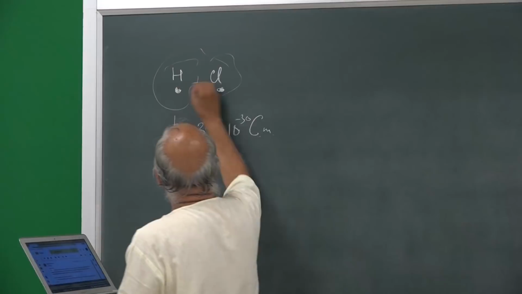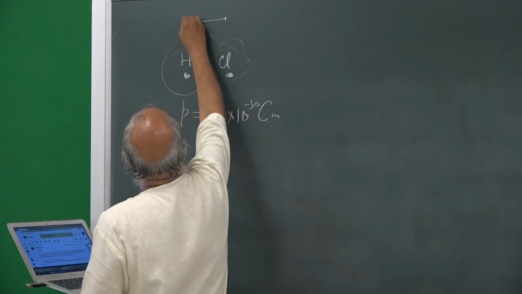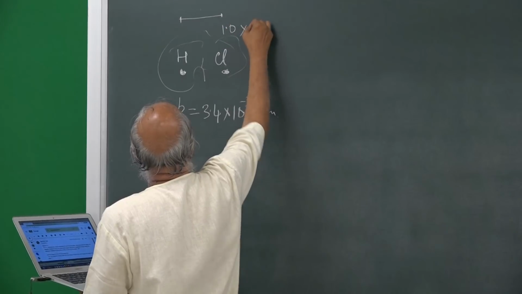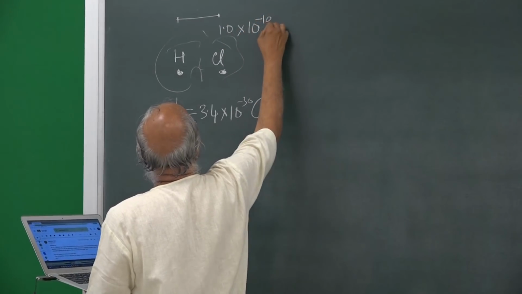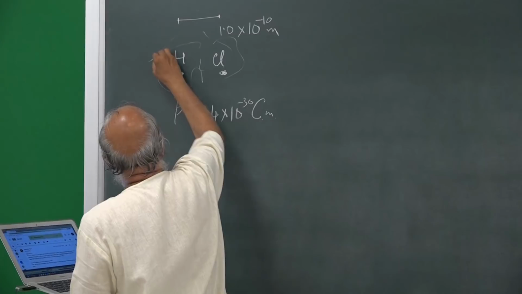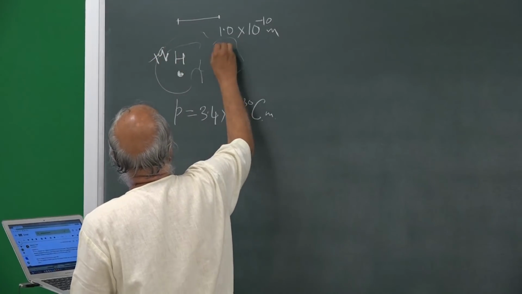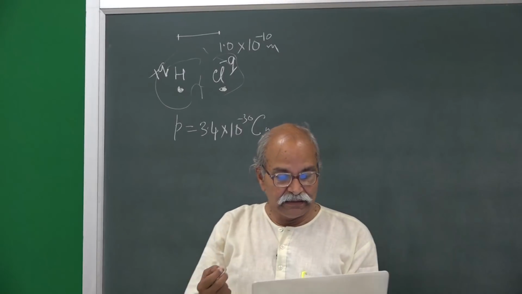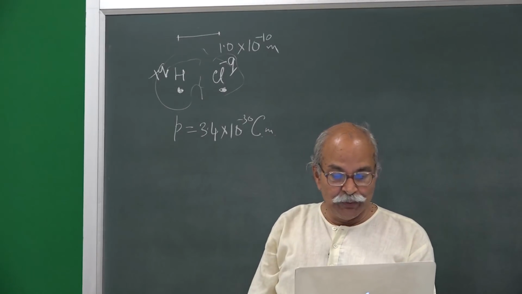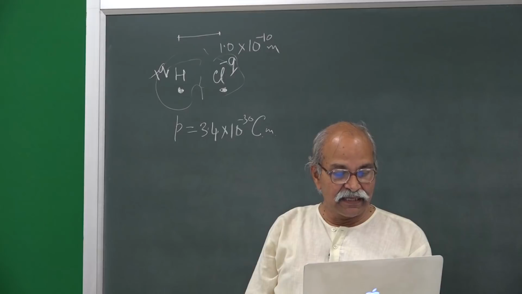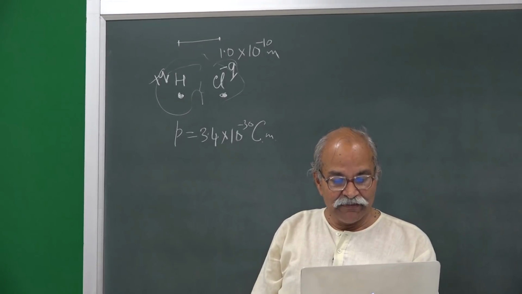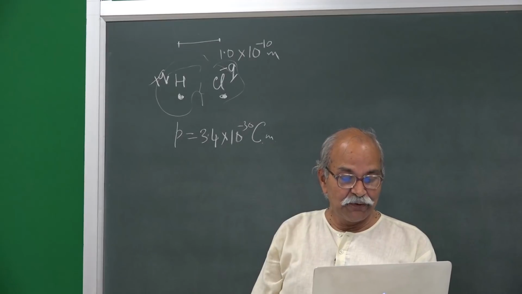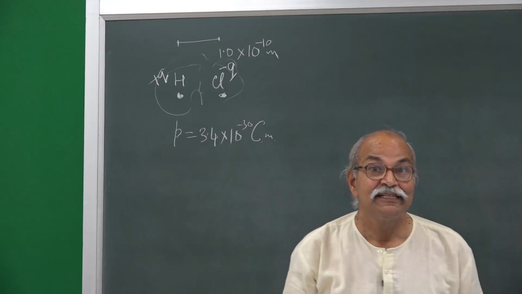So, this separation, center to center, nucleus to nucleus, is given as 1.0 into 10 to the power minus 10 meter, and you assume that you have plus q and minus q charges on these atoms. So, assuming that equal and opposite charges lie on the two atoms and form a dipole, that is the assumption, and then you have to find the magnitude of these charges.